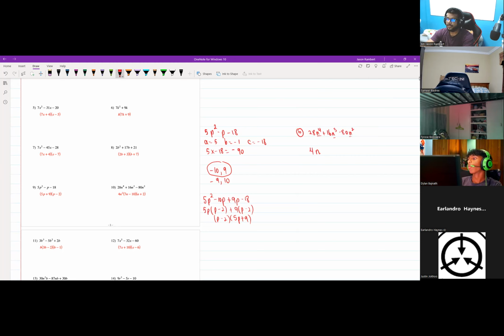The lowest power of n was 2. You all remember this, right? Regular factorization. In my bracket now, I'm going to get 28n to the 4 over 4n squared, and that looks like 7n squared plus 4n minus 20. Tell me if you all are seeing that.